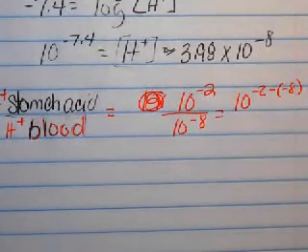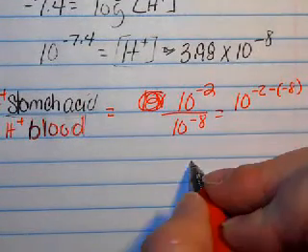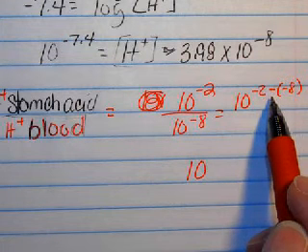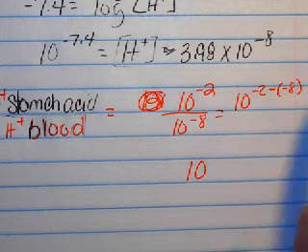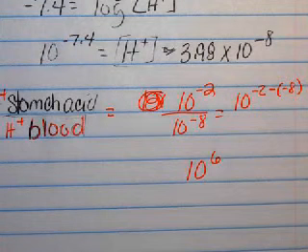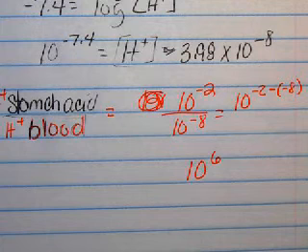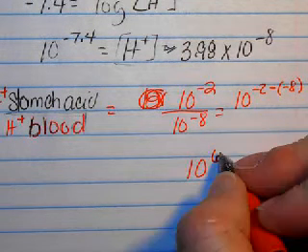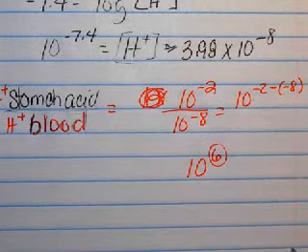Remember your exponent rules. And so when I do that, negative 2 plus 8 is going to give me 10 to the 6th. So that's the answer to B. It is how many times greater is the hydrogen than the, so it's 10 to the 6th.